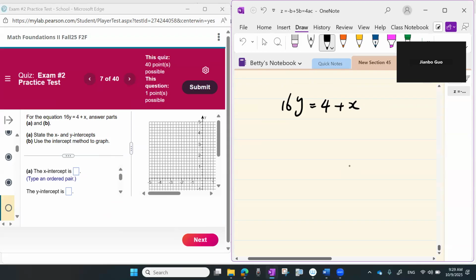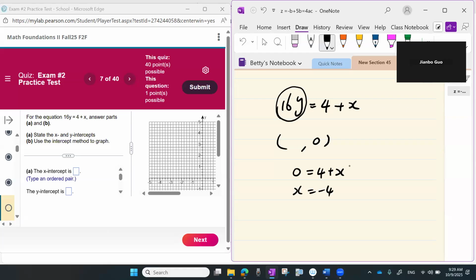So the x-intercept is to make y be 0, right? If we make y be 0, this term is gone. Then we would have 0 equals 4 plus x. x has to be negative 4 in order to get a 0 if added to 4, right? So x is negative 4. So the x-intercept is negative 4, 0.